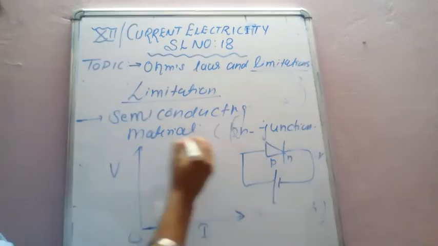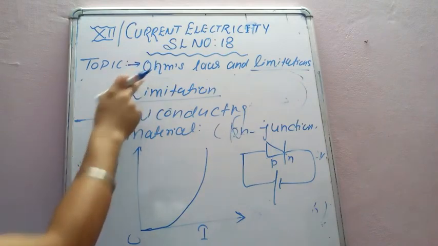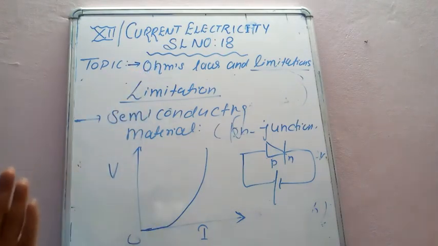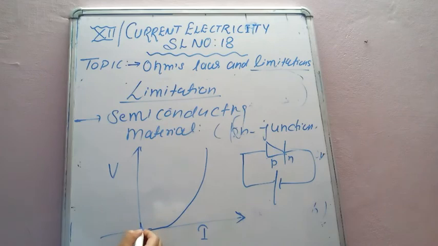So for a PN junction diode, or for semiconducting material, Ohm's law will not be obeyed. Similarly, if we take this PN junction under reverse bias, again we are not getting a linear graph. The graph is like this way. You see, this is the second limitation.